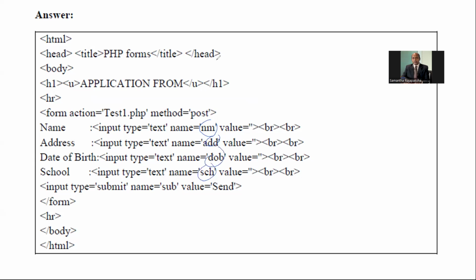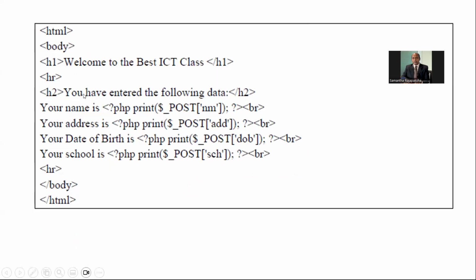You can get each value one by one. Since we have a post method, we have to use $_POST here, like this. So you can get each value and display it using the PHP code.